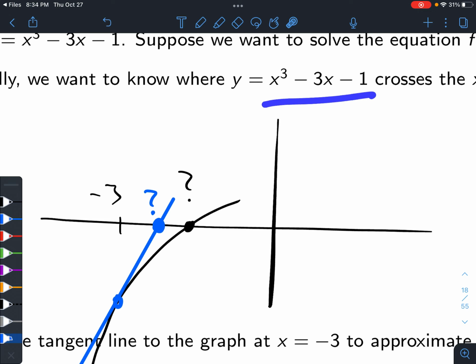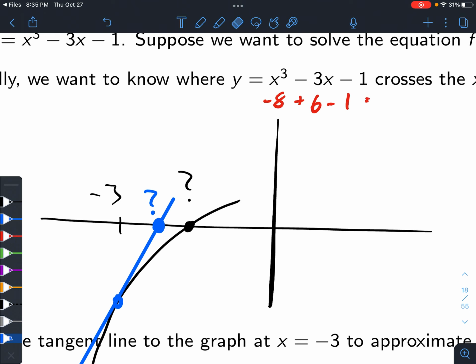So, maybe, all right, x cubed, if I were to plug in -3, okay, what I meant to say, or what I'm sort of thinking in my head, maybe -2 would be a better guess. So if I were to plug in -2 here, I'd get -8 plus 6 minus 1.